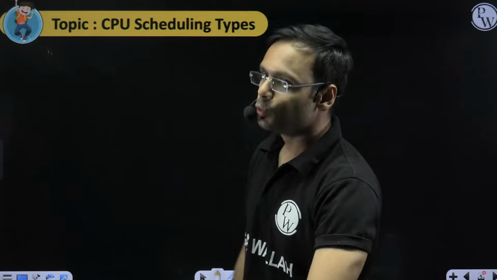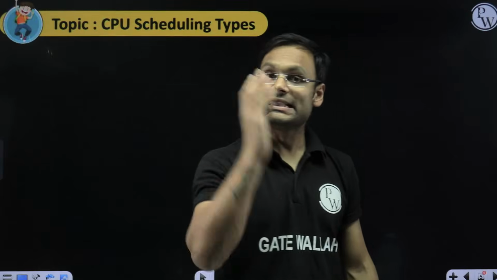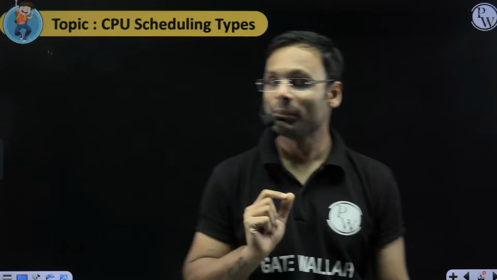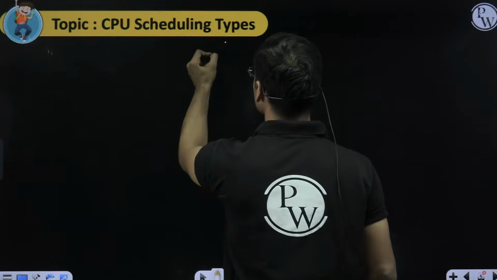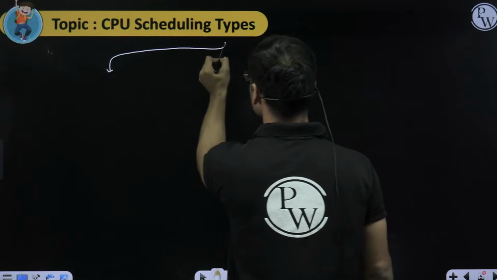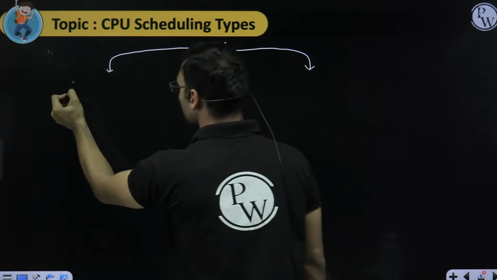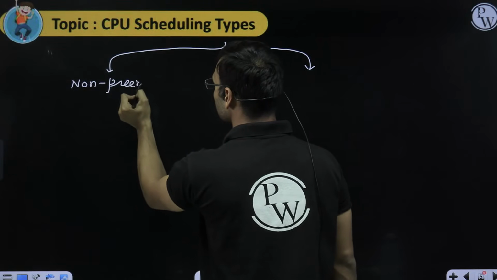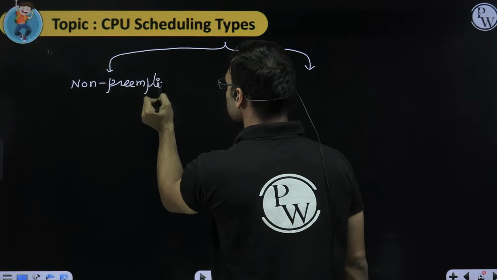Now, CPU scheduling algorithms are of two types. It is exactly those two types which we have seen for multi-programming. Remember two types? Non-preemptive and preemptive. Same here also we have two types of algorithms, non-preemptive algorithms and preemptive. And what is the meaning?